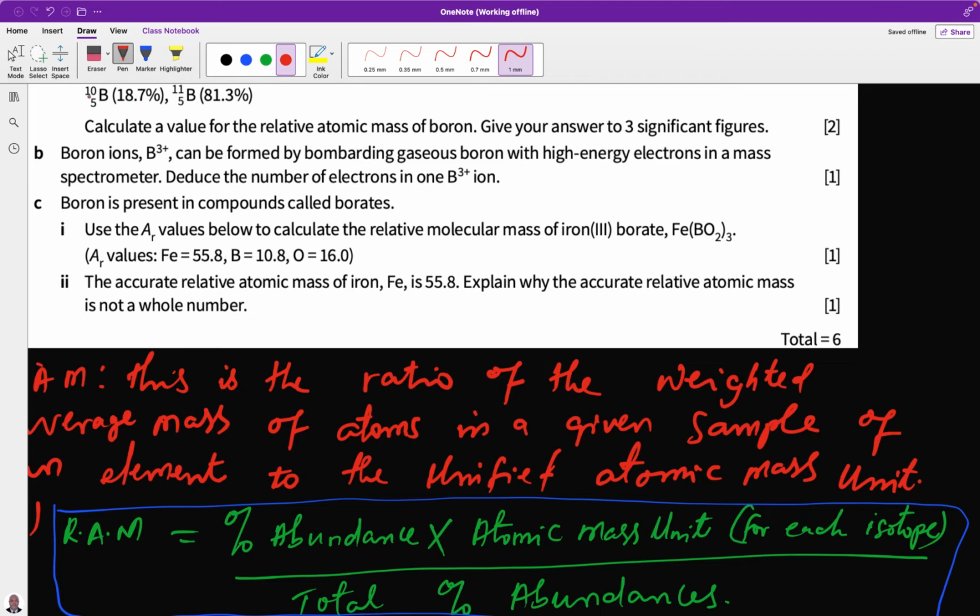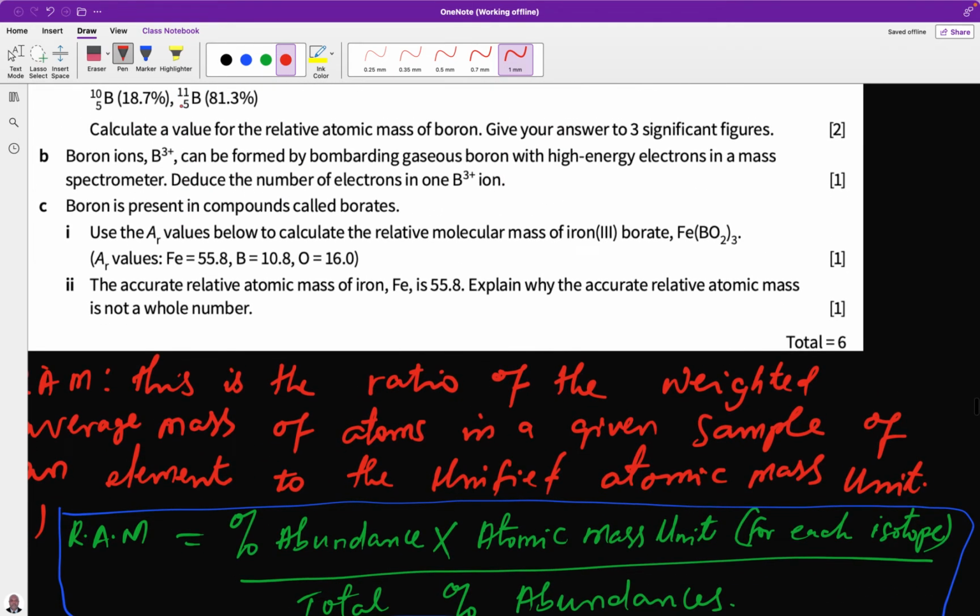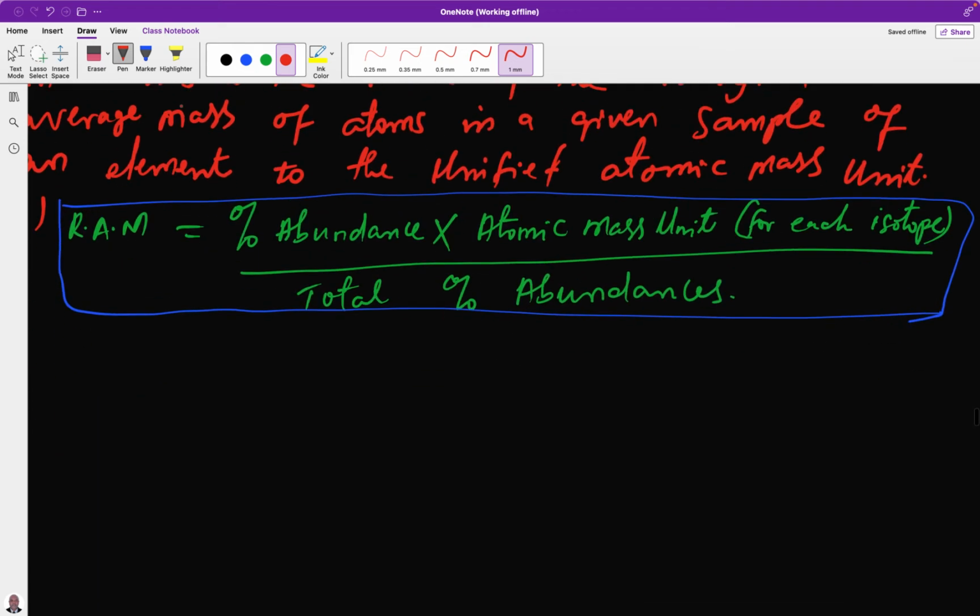That is for boron 10. Then 81.3 for boron 11. And the total percentage is 100.